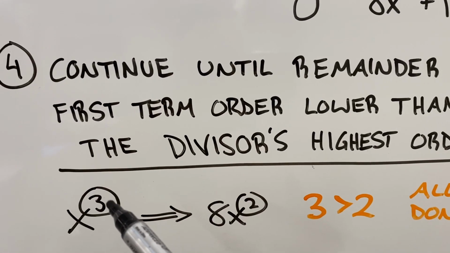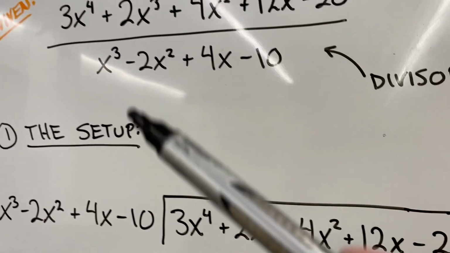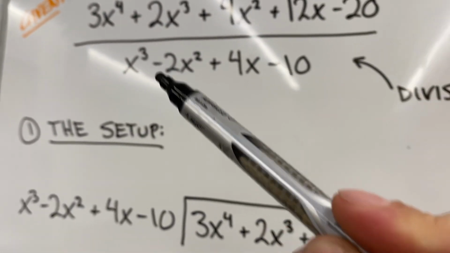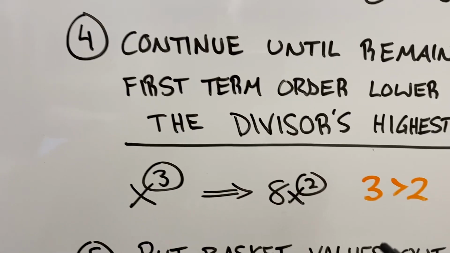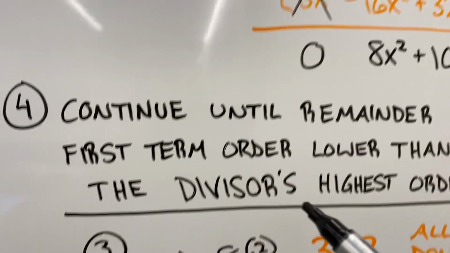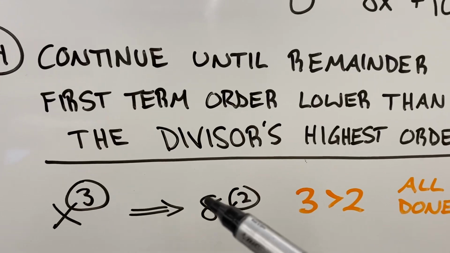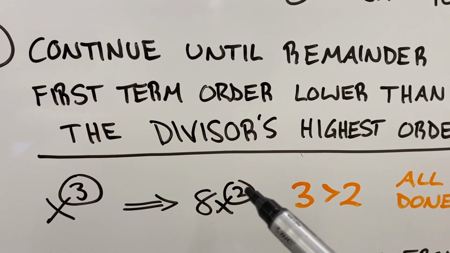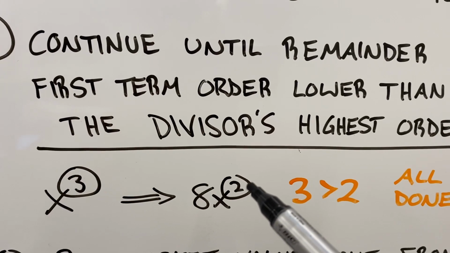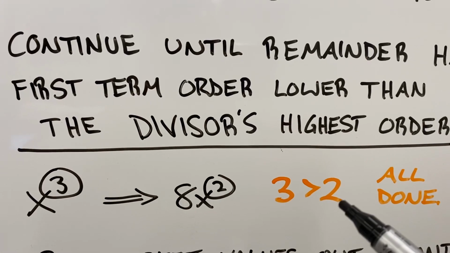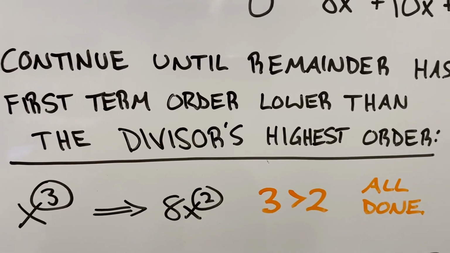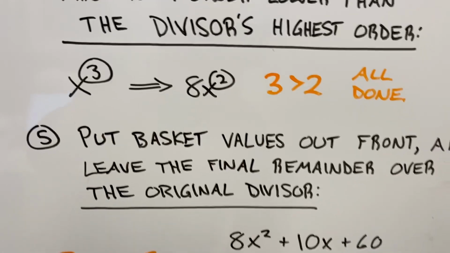The 3 was our original from the original equation, and our 2 came from our most previous remainder. Don't worry about the coefficient. You're only worried about the power up here. 3 is greater than 2. Therefore, we are all done with the synthetic division.